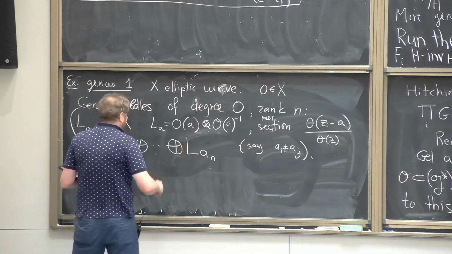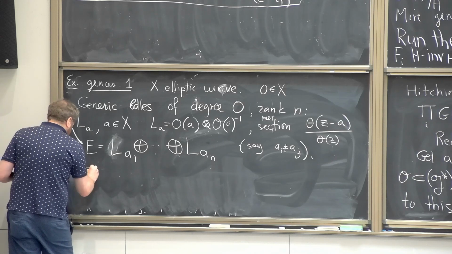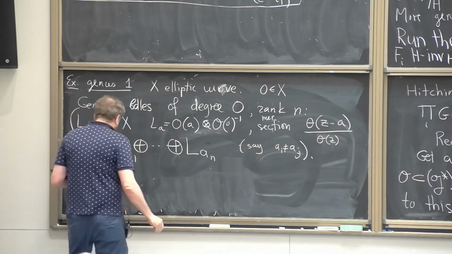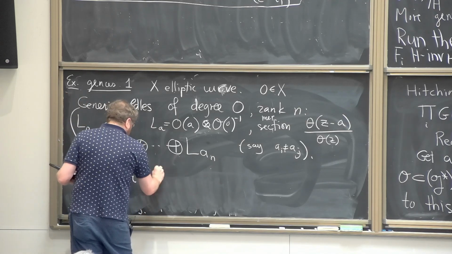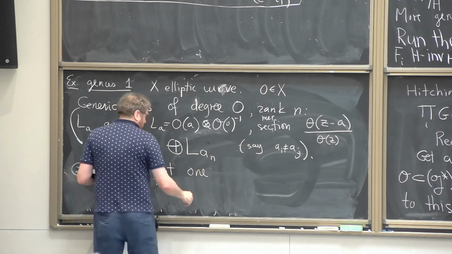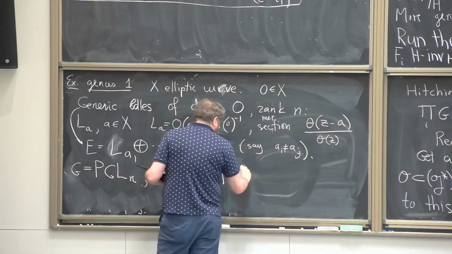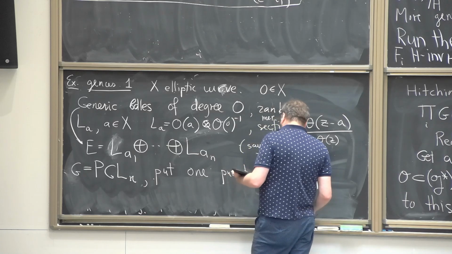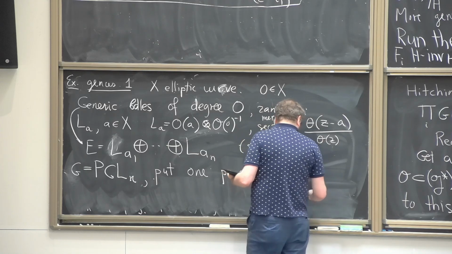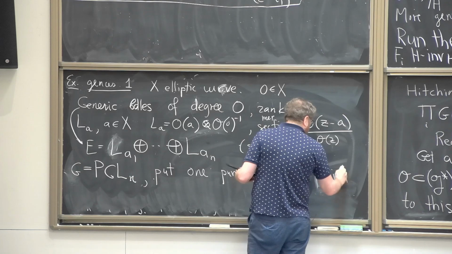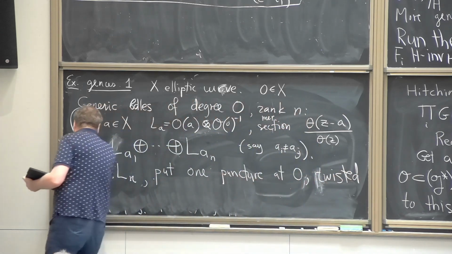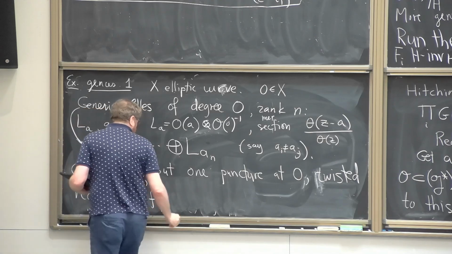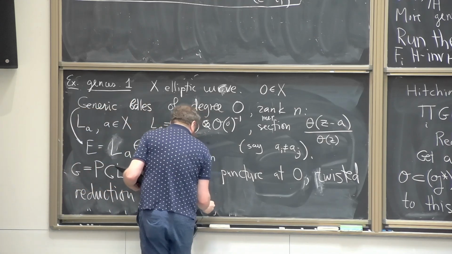Okay? So now suppose we put a parabolic structure. So let's consider the case of G equal to, let's say, PGL_n. And then we put one puncture at 0, and do the twisted reduction there, for the orbit O inside the Lie algebra.